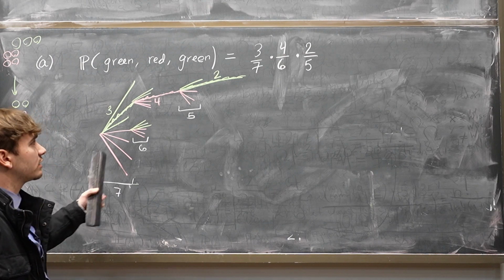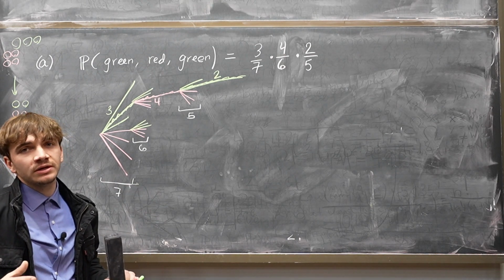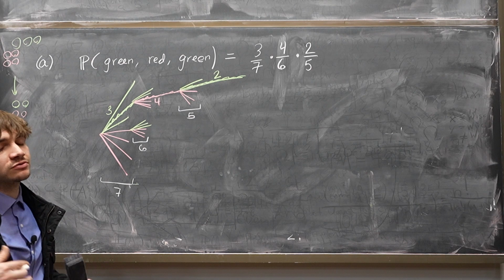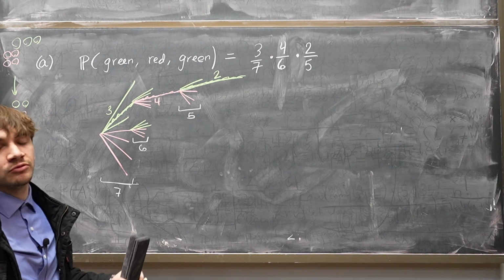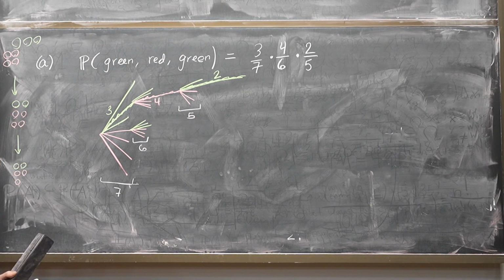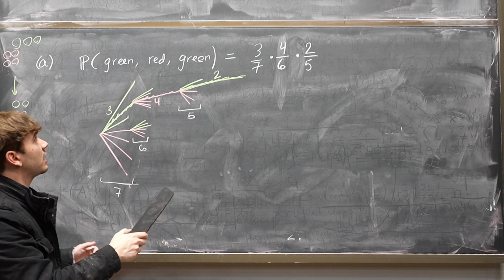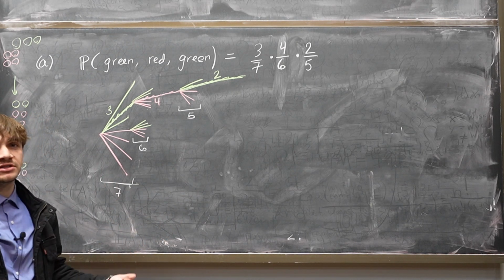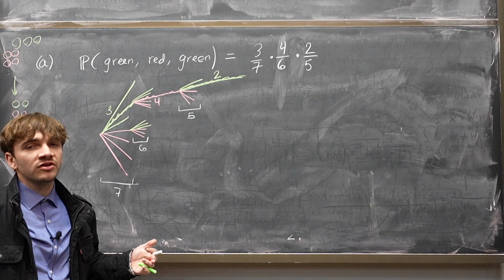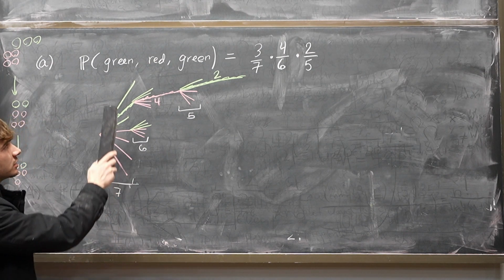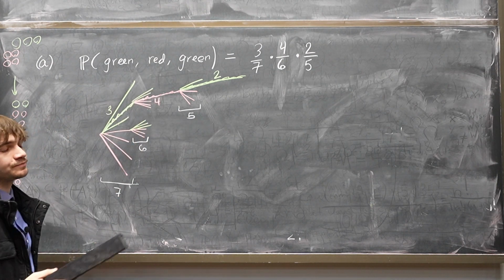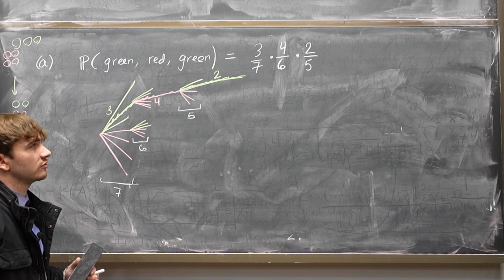So each one of these branches has an equal probability of occurring because we're choosing the balls completely at random with a blindfold, for example. So it suffices to just count the number of branches which agree with this outcome, and then divide that by the total number of branches. Okay?